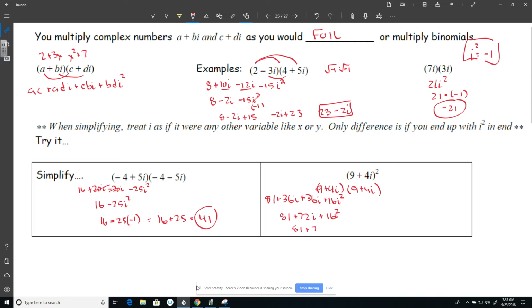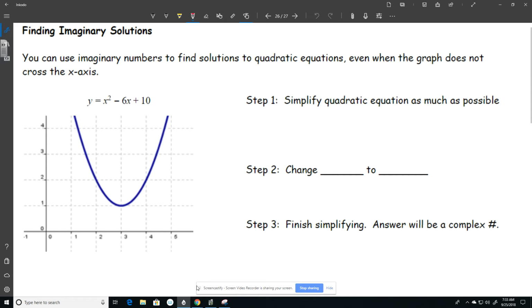So 81 plus 72i plus 16 times -1 becomes 81 plus 72i minus 16. So I can combine these and I get 65 plus 72i. So when I multiplied these binomials, I ended up with another complex number.